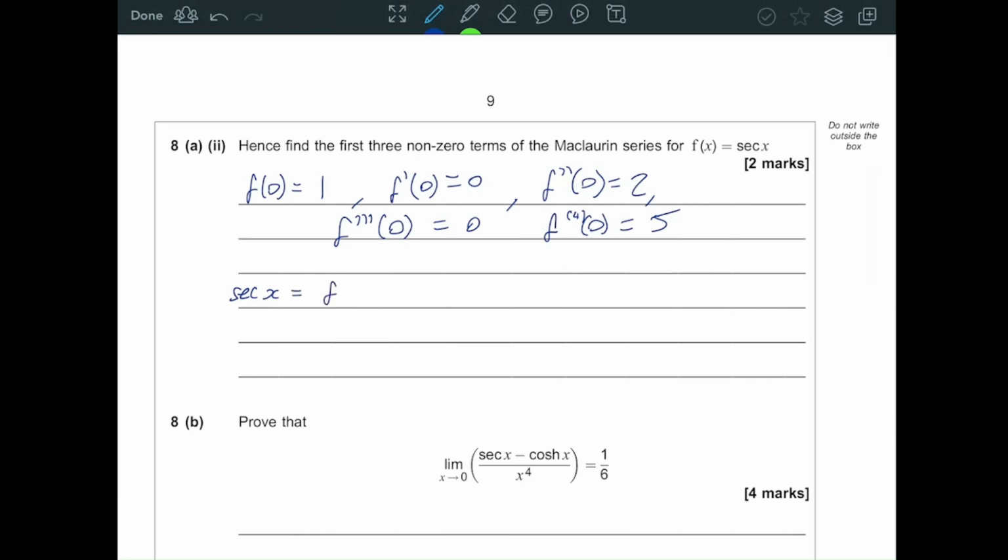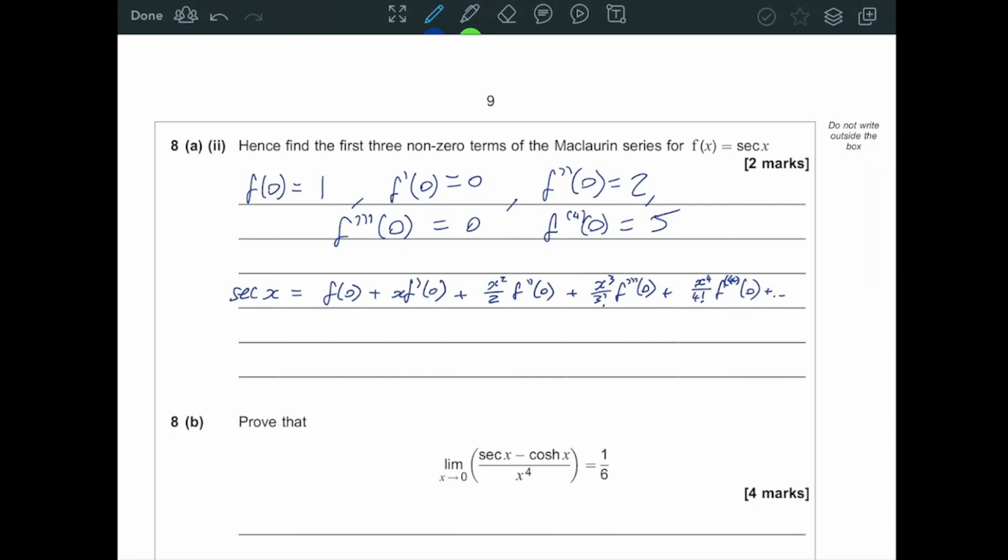So it is straight from the formula booklet, f naught, x f dash, that's x squared over 2 factorial, or just over 2, f double dash, and the pattern continues with the third and the fourth derivatives. Now it wanted the first 3 non-zero.